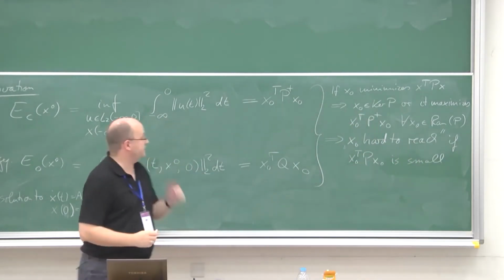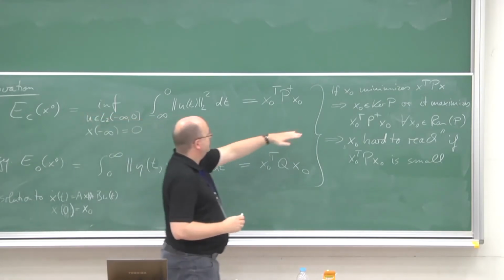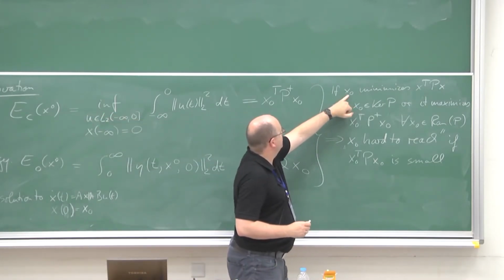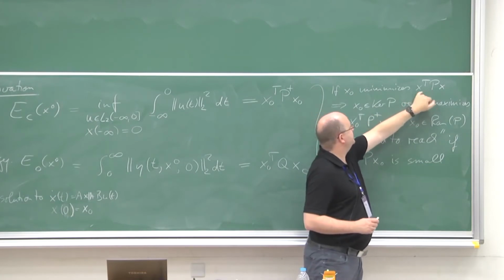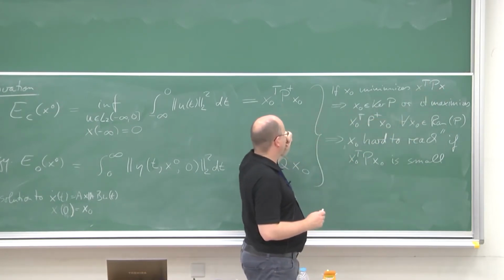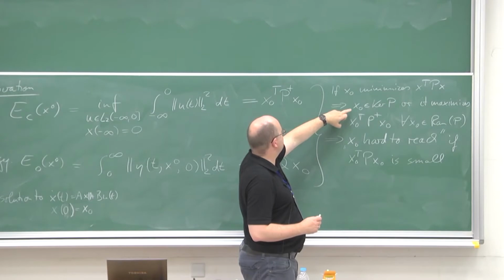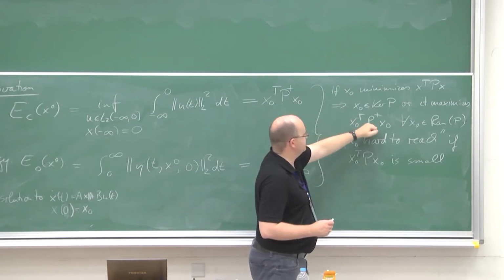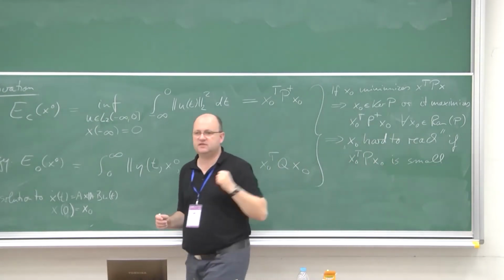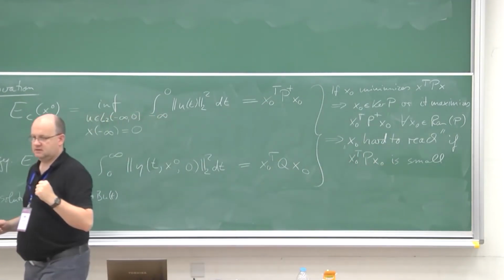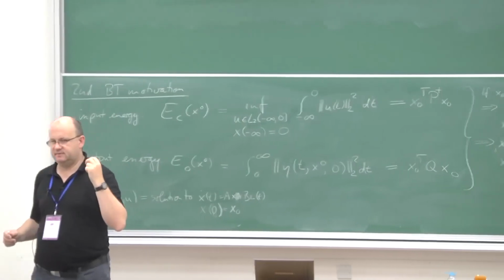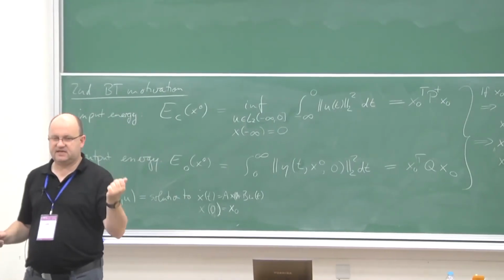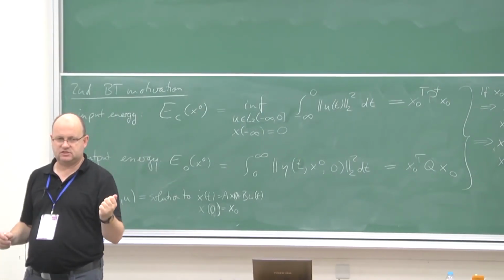Let that sink in for a second. If you minimize that quadratic form, that means you maximize the energy that you need to reach it. That makes that state very, very, very hard to reach.